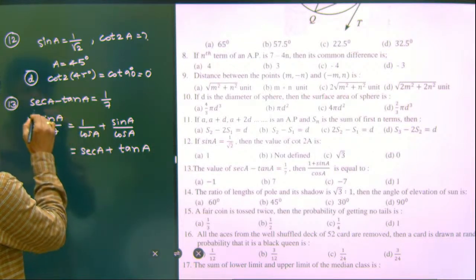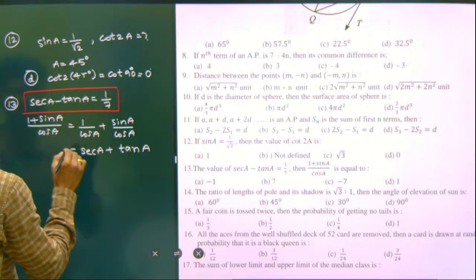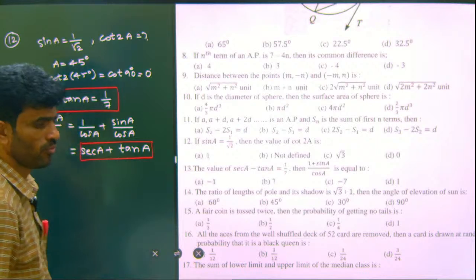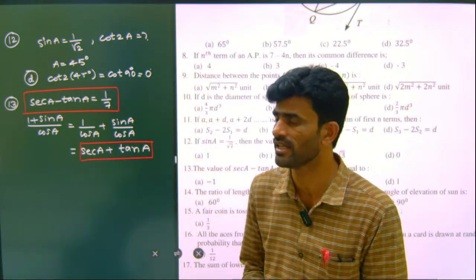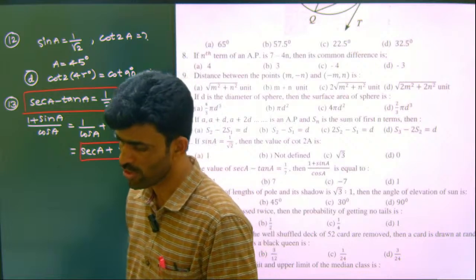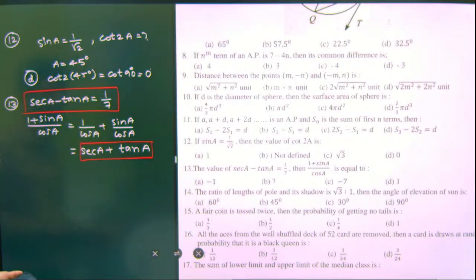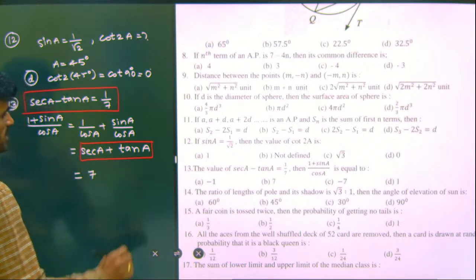So they have given secant A minus tan A and they are asking secant A plus tan A. I gave you one very important relation between secant A minus tan A and secant A plus tan A. I said they both are reciprocals of each other. Then secant A plus tan A is 7.